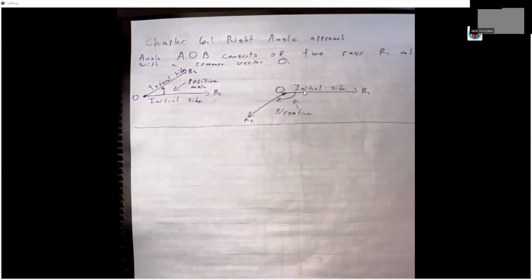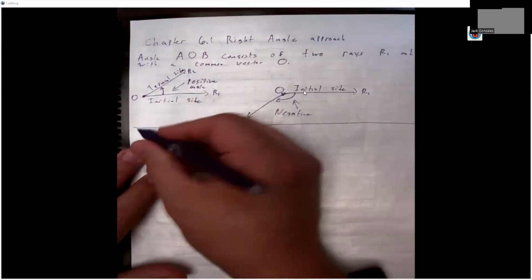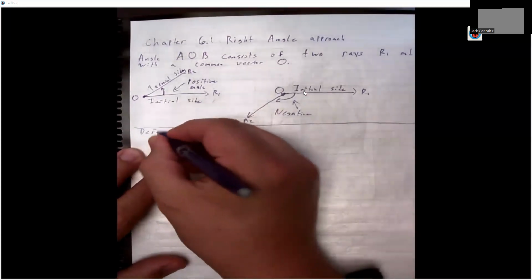We give some definition as to what is a radian, a bunch of formulas, and then we'll start the examples. So first definition.